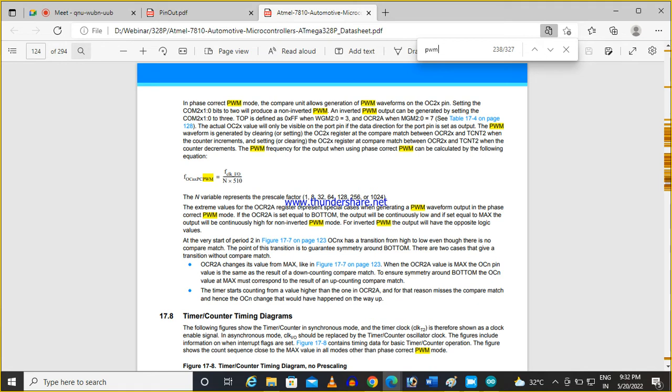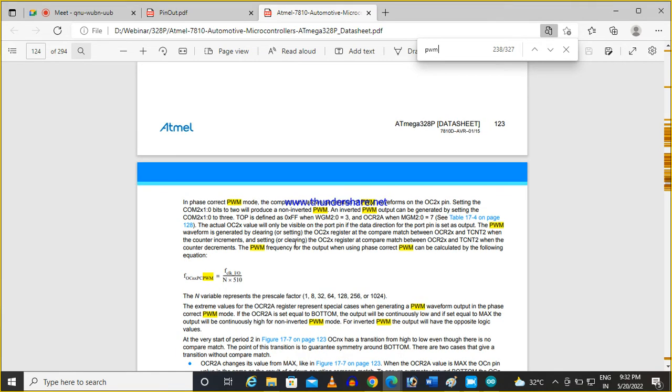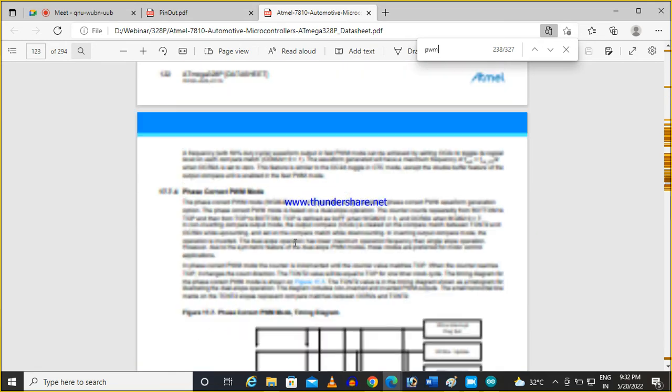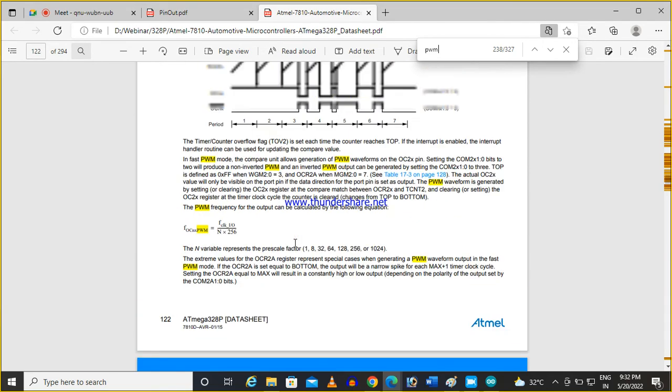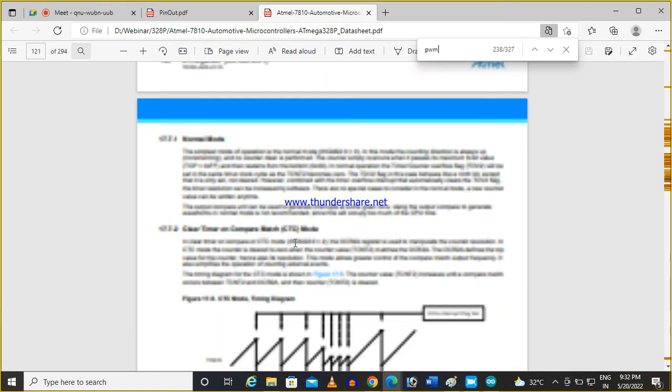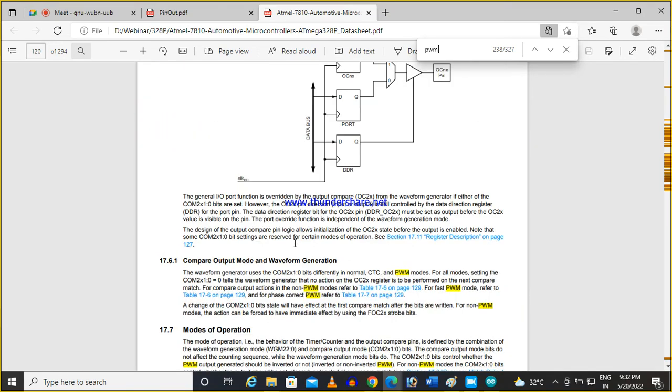So for phase correct mode, this is for the timer. So we are talking about timer 1.